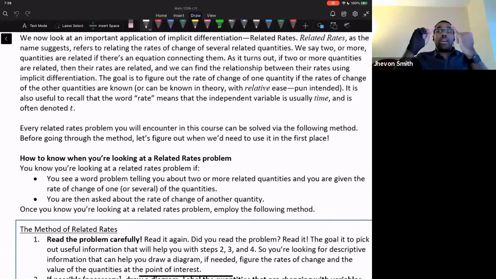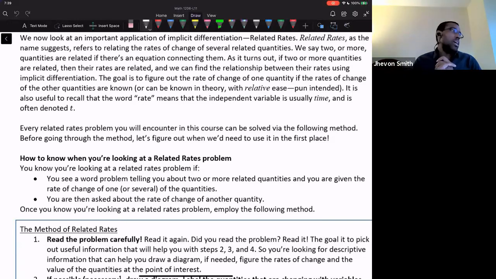One, they're going to describe to you some related quantities. Not always, but many times it's going to be a geometric relationship, for example. They can talk about the length and width of a rectangle, or the height and base of a triangle, or this field over here has the shape of a triangle and length is changing, whatever. Then they're going to tell you the rates of change for some of the quantities, but not all of them.